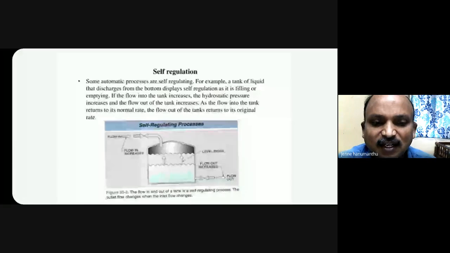So the water level depends on input flow rate as well as output flow rate.